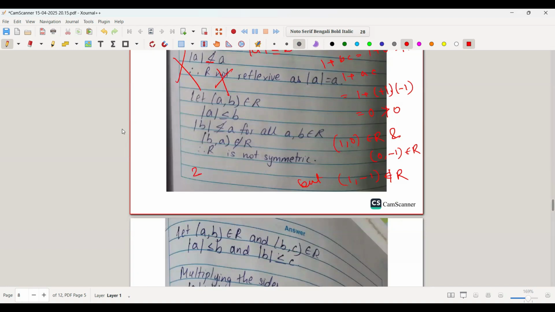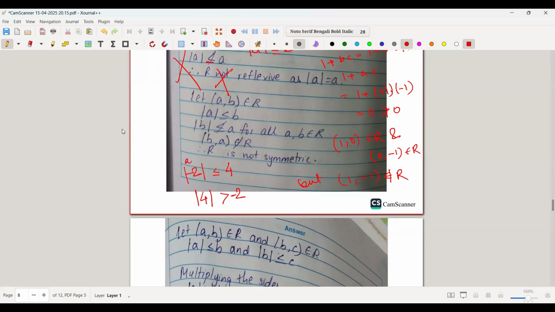This is mod minus 2. This is less than 4. Okay, we are taking 1. No, this will not work. Then mod 4 is greater than minus 2.